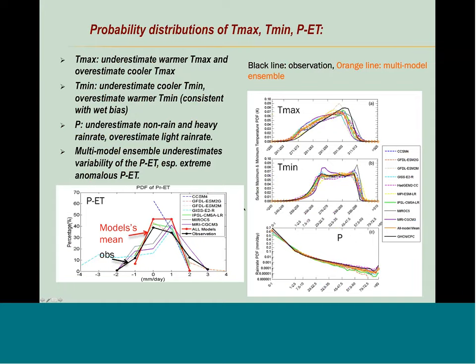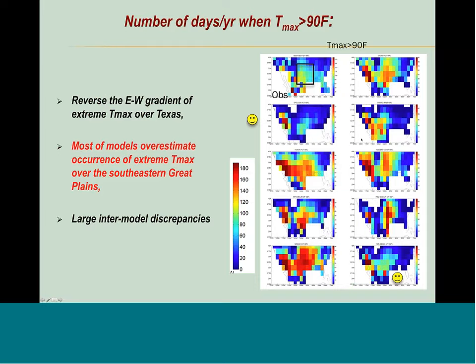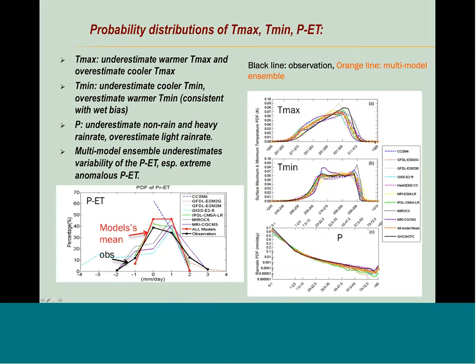In this slide, we compare the PDFs of the daily maximum and minimum temperature, precipitation, and P minus ET with observation. Again, as you can see, the models tend to overestimate the occurrence of cooler surface maximum temperature and underestimate warm daily maximum. However, the models also tend to underestimate the extreme daily maximum temperature.